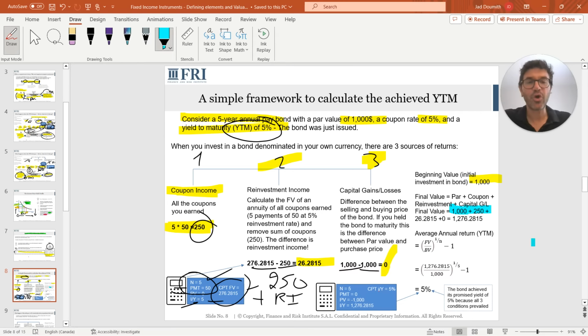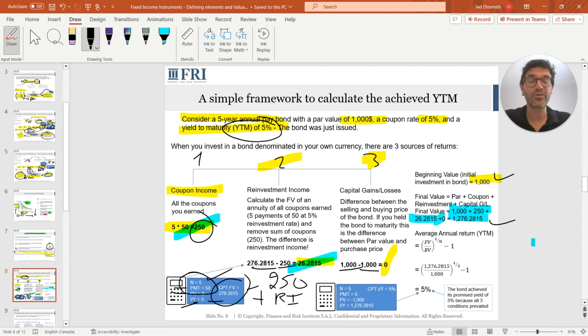I would have collected 250 of coupons and 26.28 of reinvestment income. Also, 0 capital gains or losses. So 5 years from now, I would be the proud owner of $1,276.2815.